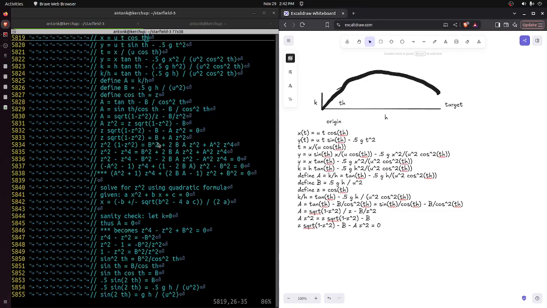This is probably kind of a roundabout way of doing it. I'm just moving stuff around, but okay, so z times the square root of 1 minus z squared is going to be b plus a times z squared.